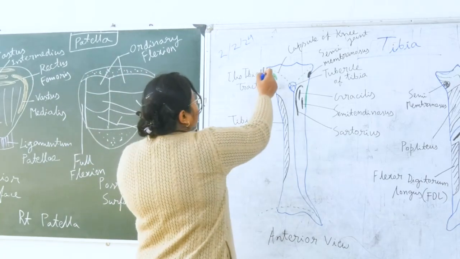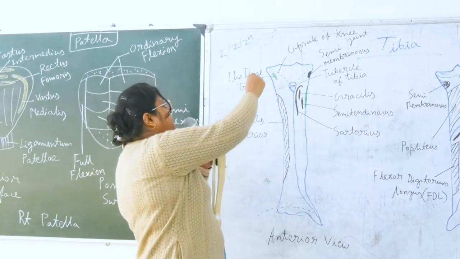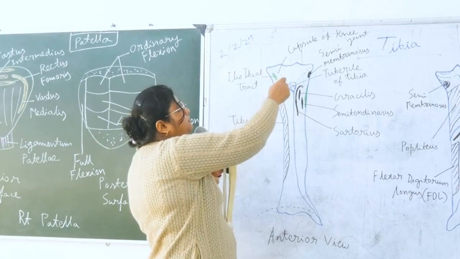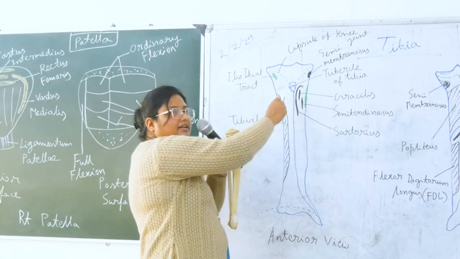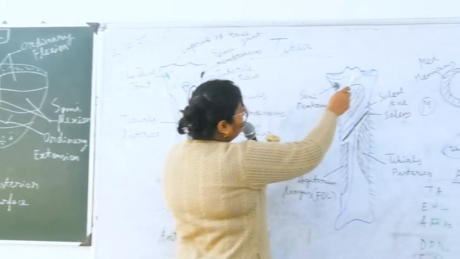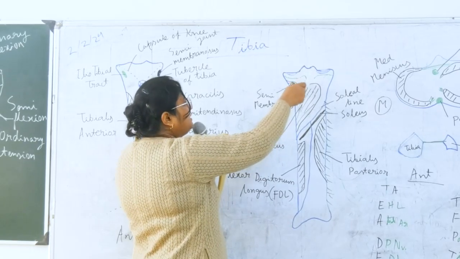Here you can see this dotted line is the attachment of the capsular ligament. It is attached near this, extending downward towards the tubercle of tibia or tibial tuberosity, and posteriorly there is a deficiency for the passage of popliteus tendon.